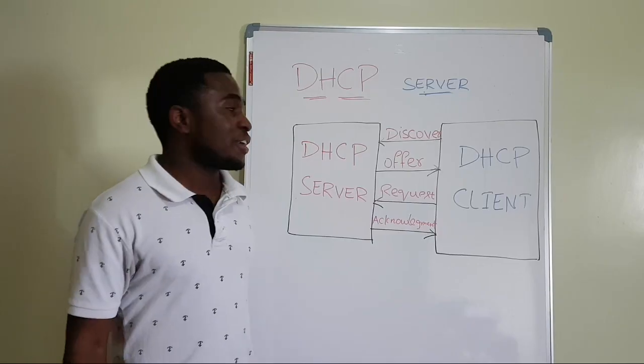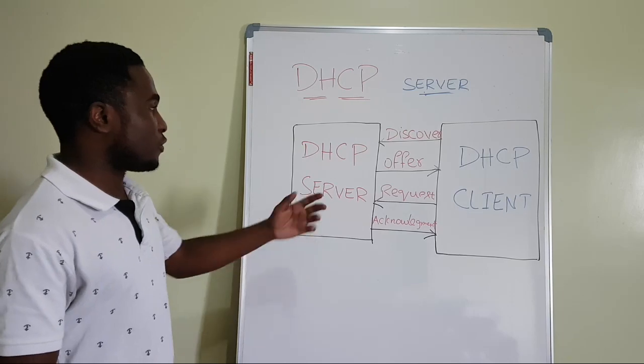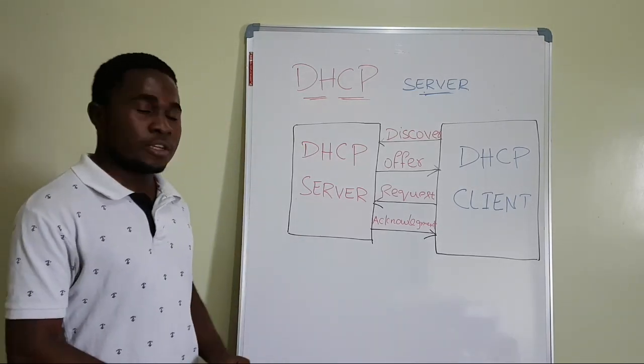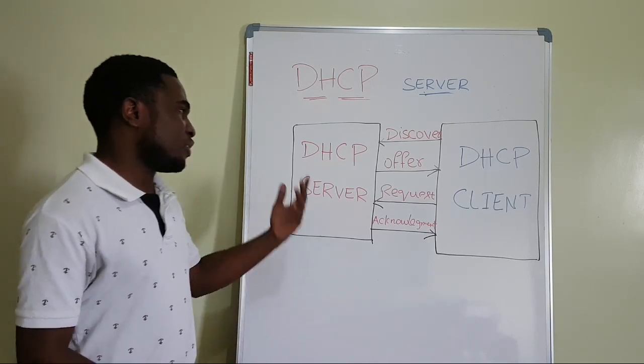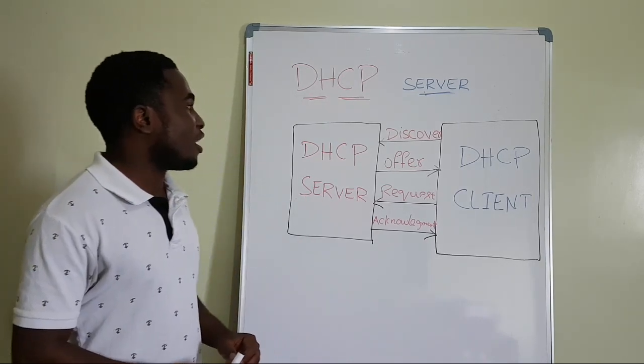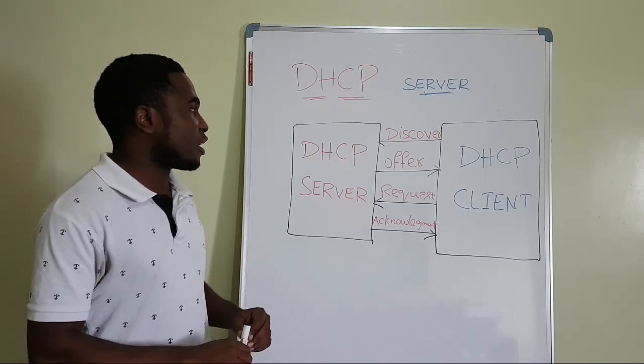process. This is a block diagram of the DORA process that is used to explain all the details about the DHCP server and the DHCP client. It's a very simple way to understand how the DHCP server works with the DHCP client.